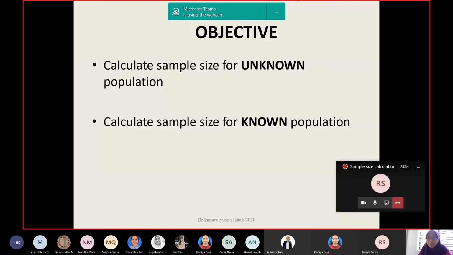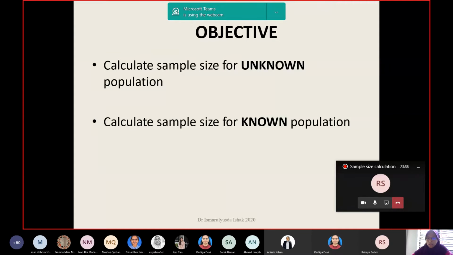You cannot use any formula. These formulas may be for descriptive, for simple, compare two means, two proportions. But if you have more groups, more repeated measures, or you compare more than two groups, then it will be hard to use a formula. So you have to use G*Power.